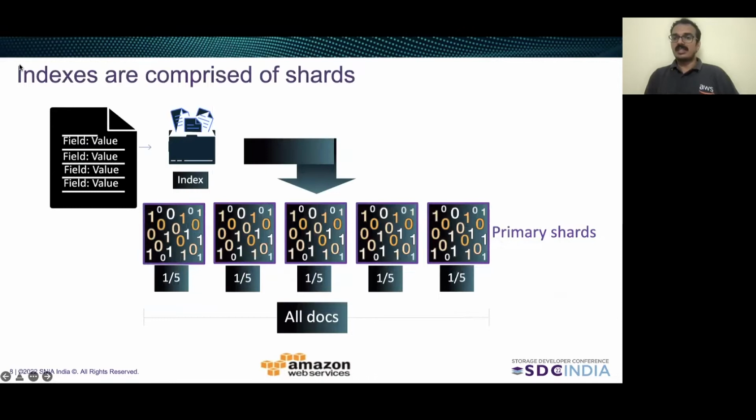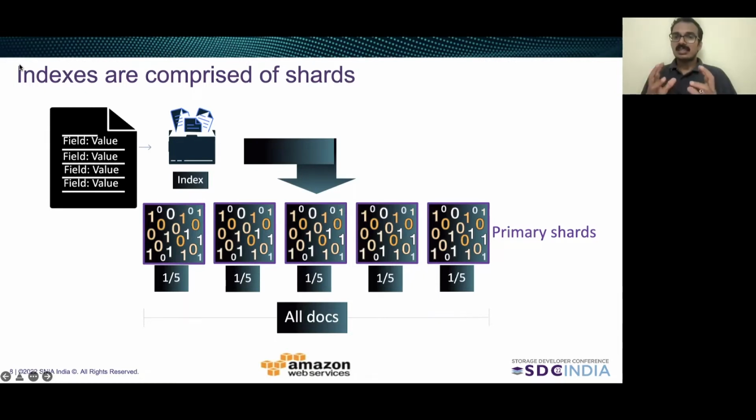Quickly going into some of the details, the internals of OpenSearch. Documents are indexed into what is called a search index. Each document is a set of field values, what you call key value pairs, and each has a name and a value. A set of such key value pairs constitutes a document, and documents get ingested into an OpenSearch index.